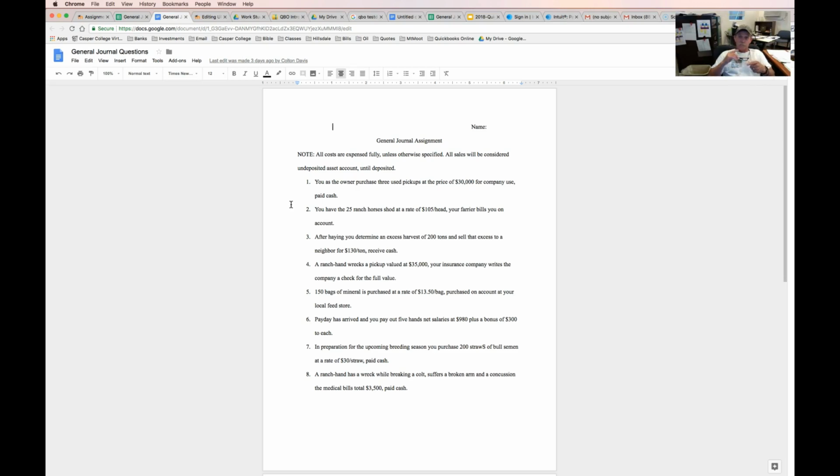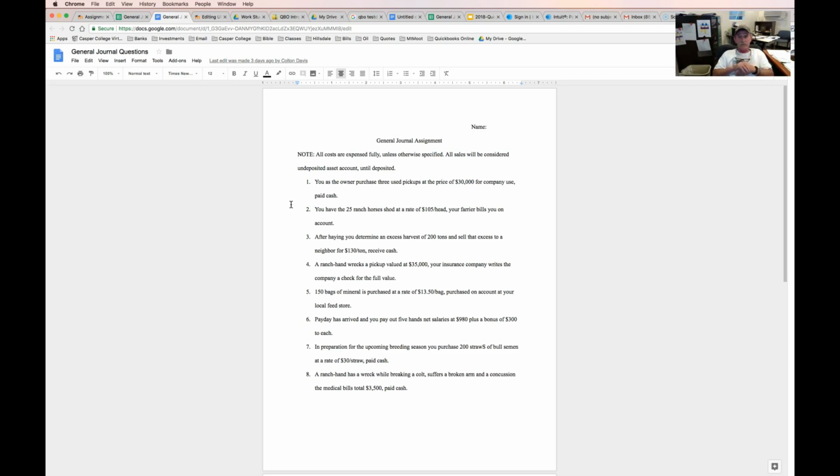So, first thing, and this is one way to think about it, if this is a little bit difficult for you, if it involves the checking account, which most people base their business out of, whether they're using a debit card or an actual check, make that entry first. And if you get that entry correct, then you have a pretty good chance of getting the next entry in the double entry format correct. Okay, so kind of make that stick in your mind, and I think that'll help you.